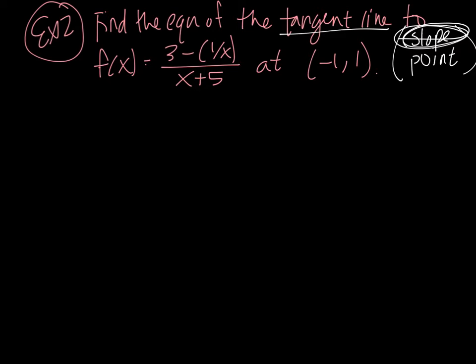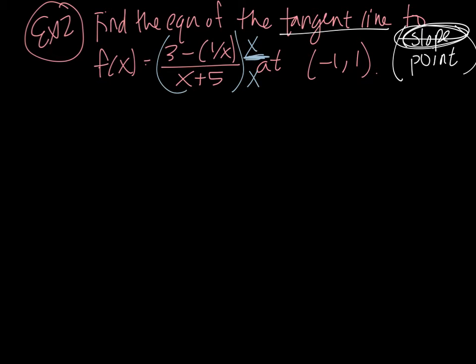There was a technique that you probably used in algebra just to make fractions go away, and that was to multiply the numerator and the denominator by the least common multiple of the denominators, so that it would go away.